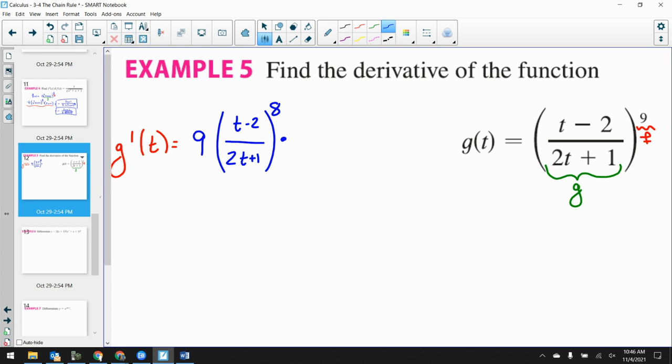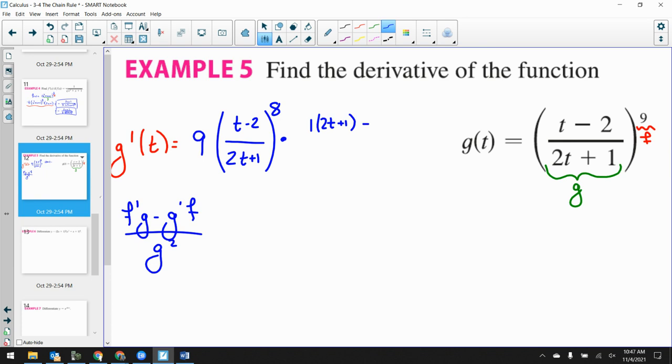Okay, so we've got f prime, let's think back to the quotient rule. f prime g minus g prime f all over g squared, right? What's the derivative of the numerator? 1. So it's 1 times g, 2t plus 1, minus g prime.